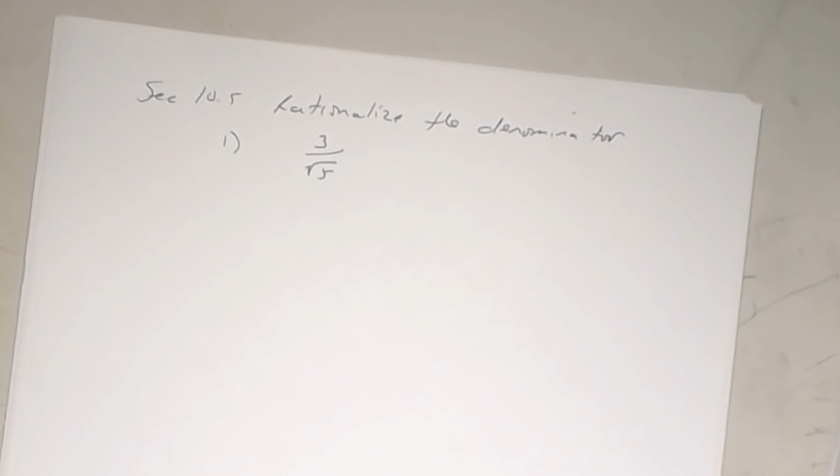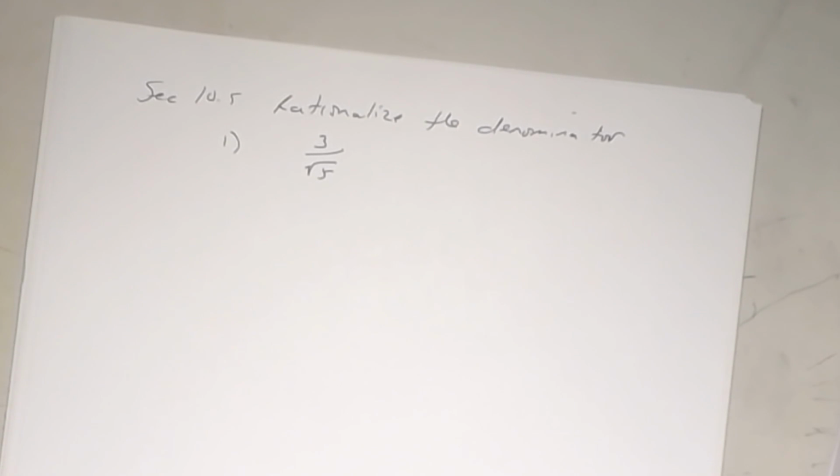Now, rationalizing, and the word rationalize has the word rational in it. Remember, we talked about rational numbers before. The directions will say rationalize the denominator. The denominator here is the square root of 5. What kind of number is the square root of 5? Irrational. So it's not rational.